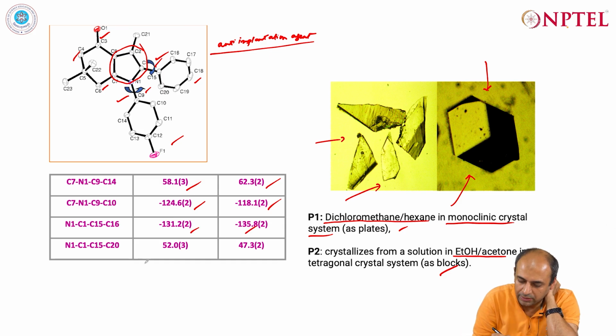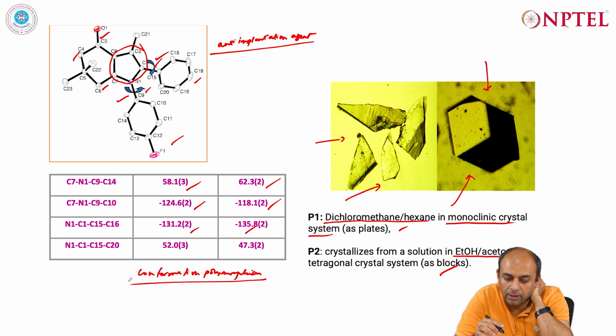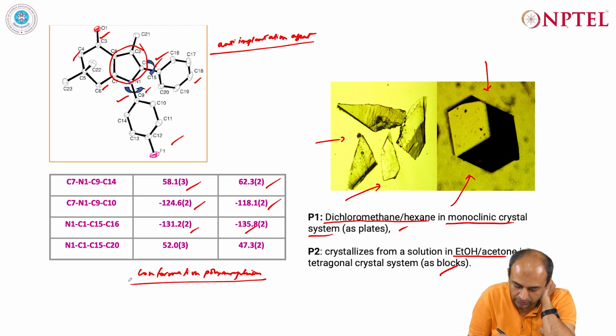So, this is essentially a signature of conformational polymorphism, where there are differences in conformation associated with the different molecules in the solid state.